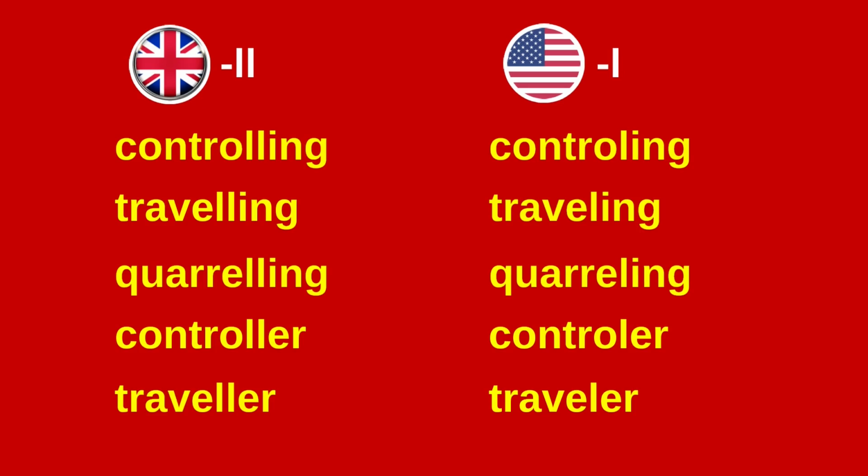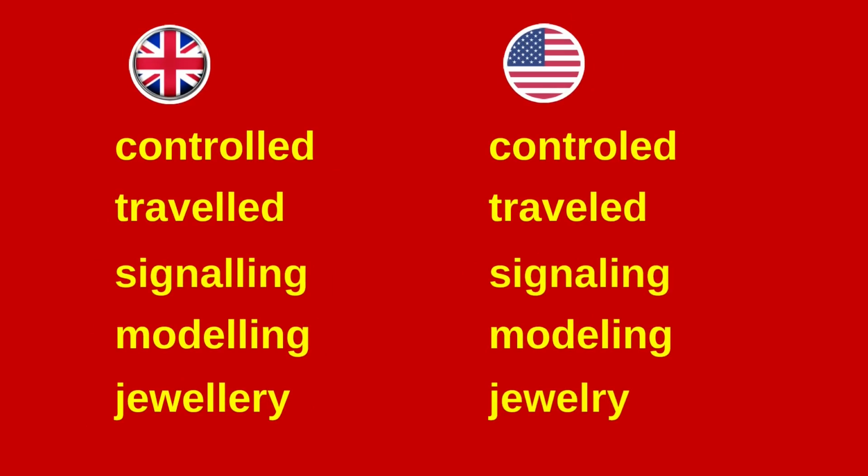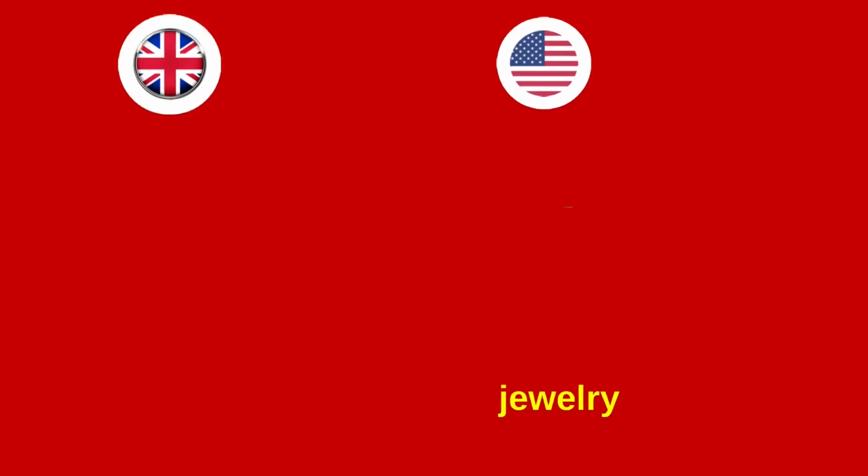So you have double L when you write controlling, but control has only one L in British English and American English both. Traveling, quarreling, controller, traveler. Controlled, traveled, signaling, modeling. In the word jewelry also we can see double L in British English, but in American English only one L is written.